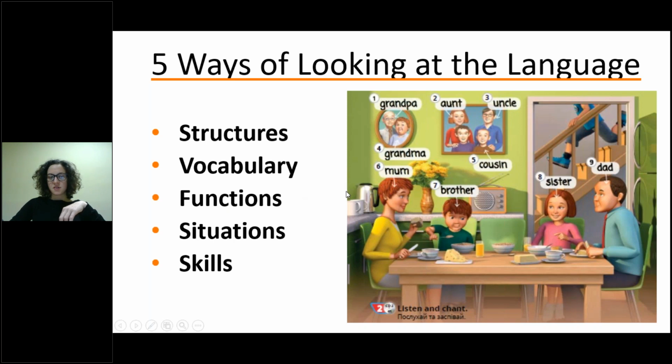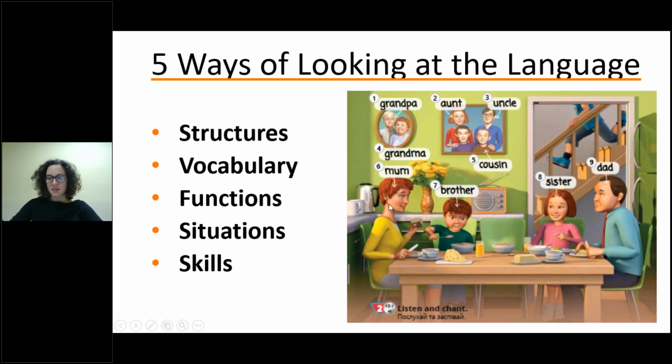Functions. It's about some structures we use, not grammar structures, but communicative structures. It's for a more advanced level. Would you like some cheese? Yes, please, and so on. Suggesting, or different functions of language. It can be a complaint: this porridge is not very good, or so on. Situations.